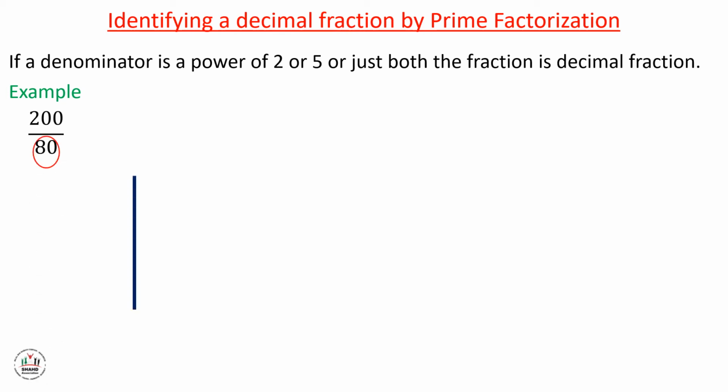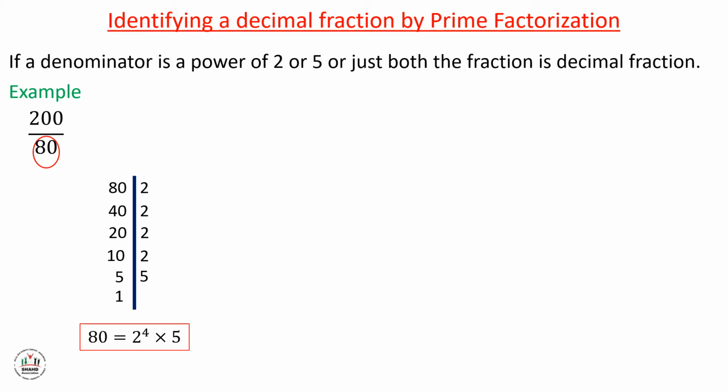So we do prime factorization as we have learned in the LCM and GCD lesson previously. So we write 80 divided by 2, 40 over 2, 20 over 2, 10 over 2 again, 5, and 5 over 5, which is equal to 1. So 80 equals 2 to the power 4 times 5.